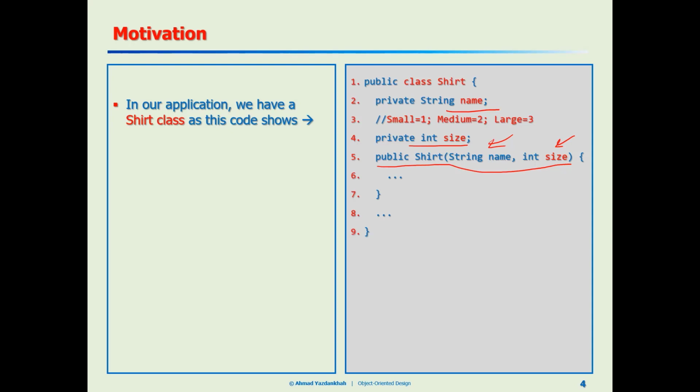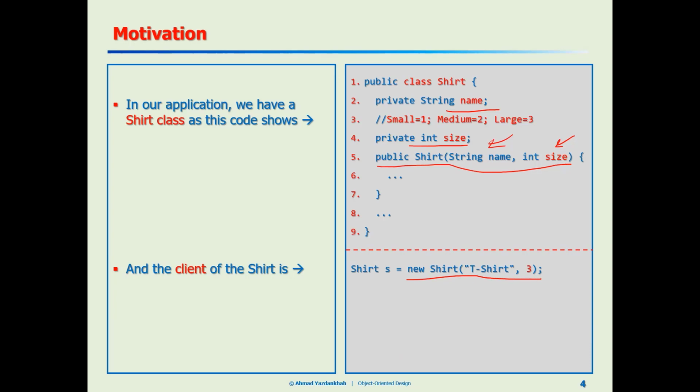And how can we call this Shirt? It's easy, we just instantiate this constructor with the shirt name and the shirt size. Do you see any problem here? Just pause the video and think about it. What's the problem? Do you see any problem?